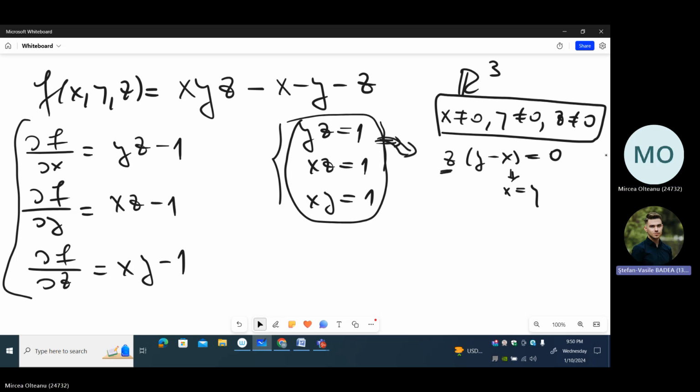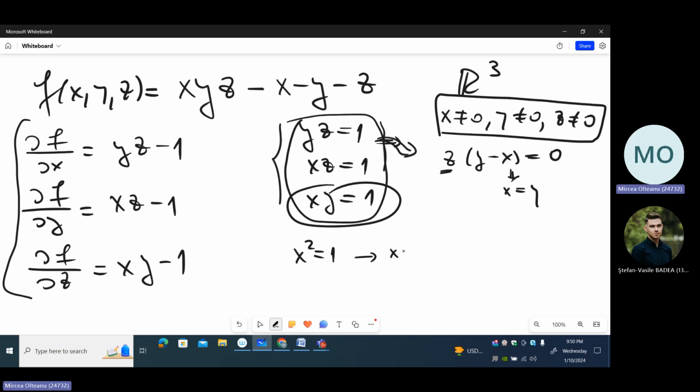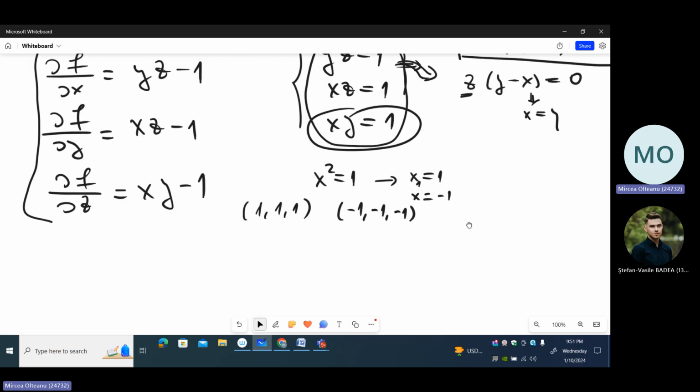And because of that, from the last equation, we get x squared equals 1. So x can be 1 or minus 1. Similarly, y must be equal to x, and from here we can say the only solutions are 1, 1, 1, and minus 1, minus 1, minus 1. Okay, and now the computations are simpler this time.